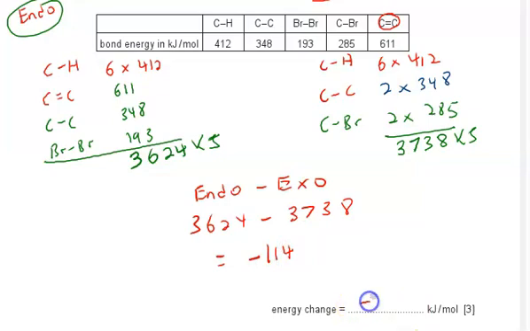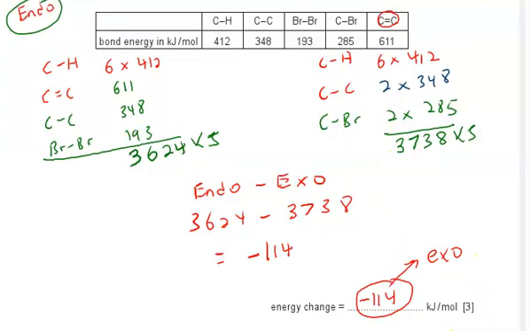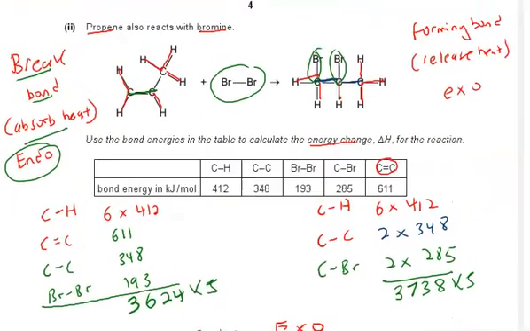So we just put negative 114 there. It means the entire reaction here is exothermic. I hope you can understand this calculation, right?